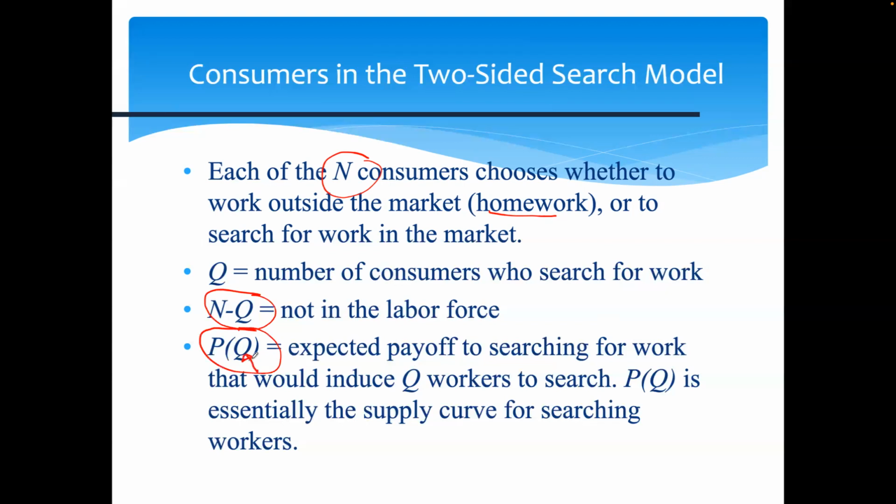But then clearly, the more people searching for a job, it becomes more attractive to be a worker. Now, clearly, P is going to increase with Q. Or in other words, the value of searching for work must increase with Q, because you want to make sure there are enough people to search for a job.